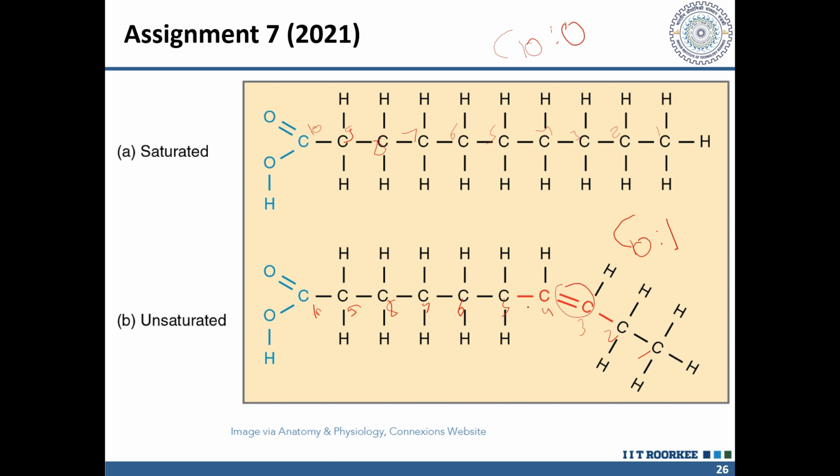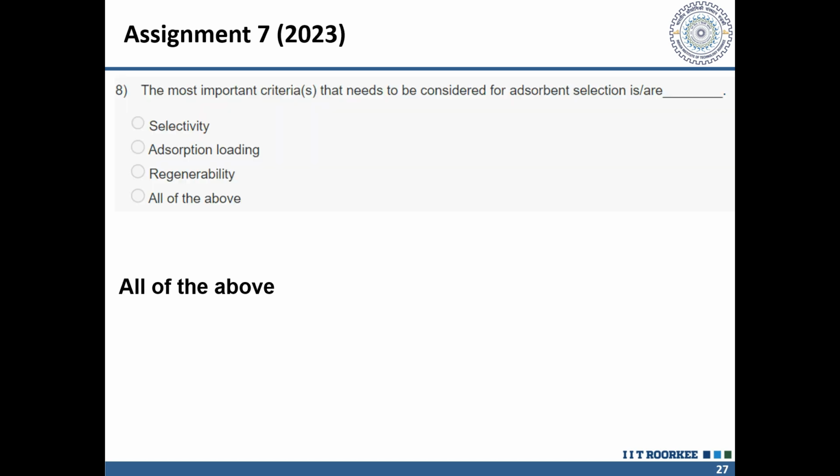But what if it has one more double bond here? Then we will write it as C10:2. So I hope now you know what saturated and unsaturated fatty acids are and how we write them in short form. So now let's move on to the next question.